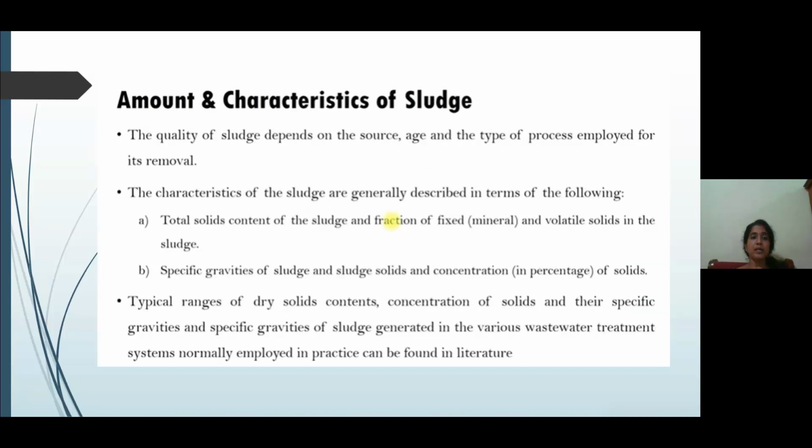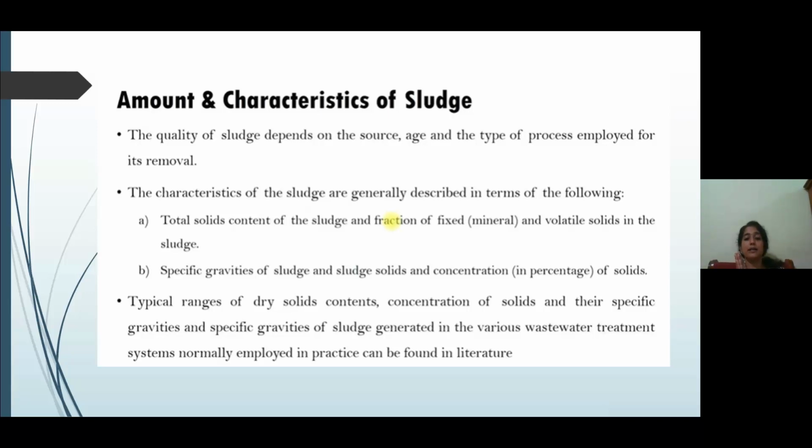The quality of sludge depends upon the source, age, and the type of process employed for its removal. The characteristics of sludge are described in terms of the following: the total solid content of the sludge, the fraction of fixed and volatile solids in the sludge, the specific gravities of the sludge and the sludge solids, and concentration of the solids.